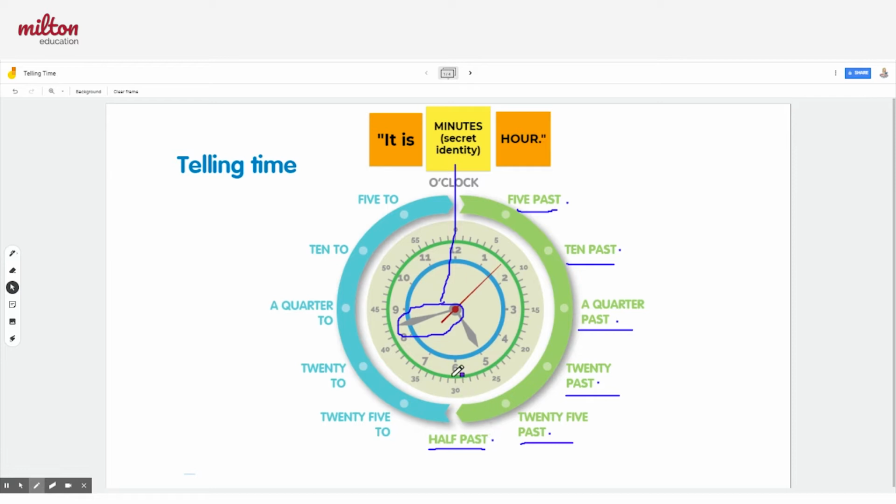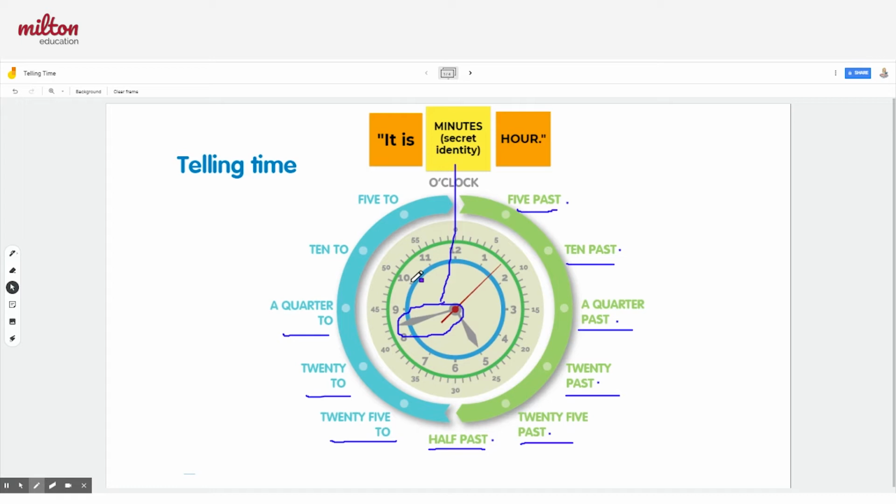Now, what happens with these secret identities here? Well, if the minute hand points to the 7, we don't say 7. We say 25 to. The 8 is 20 to. The 9 is a quarter to.